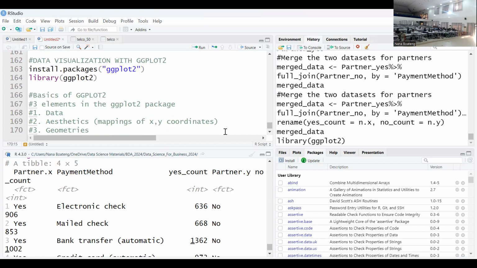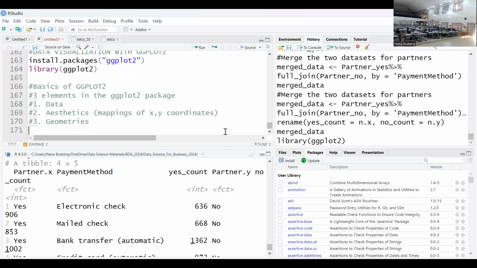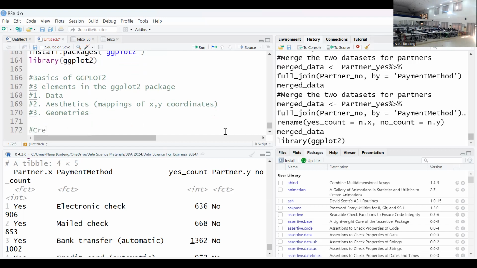With this in mind, let's create a simple scatter plot. We want to look at monthly charges and total charges and see how they relate on a scatter plot. Remember to call ggplot from the library.